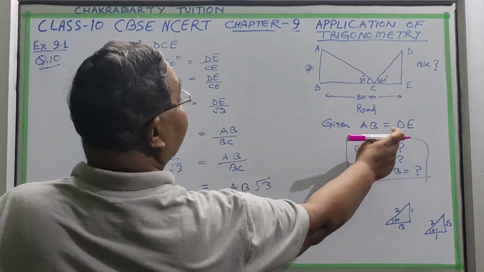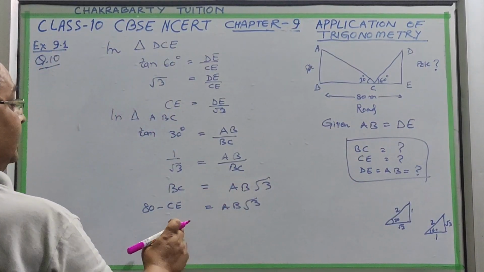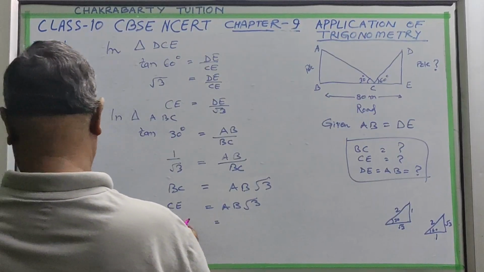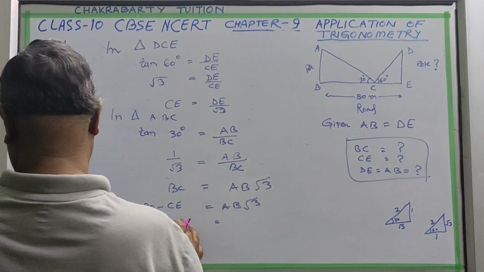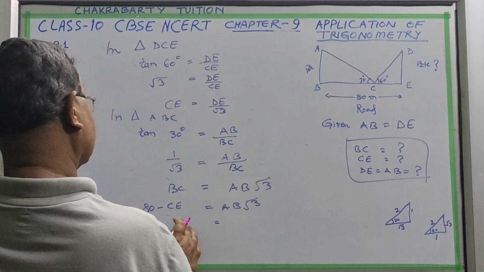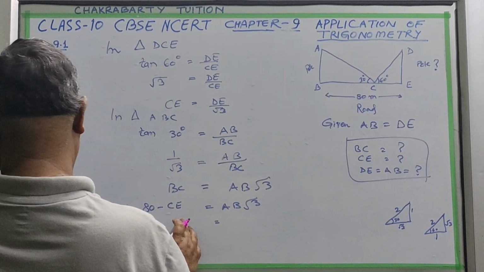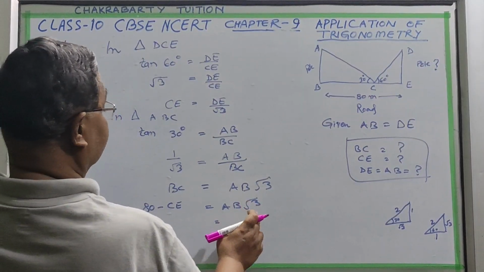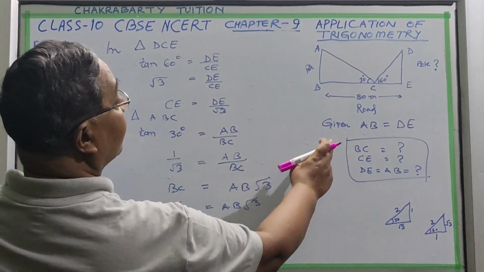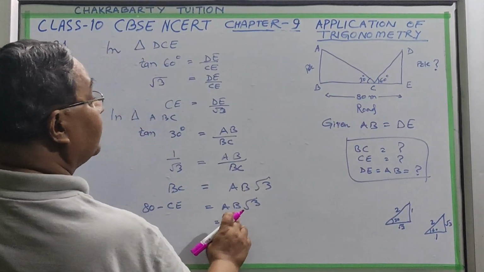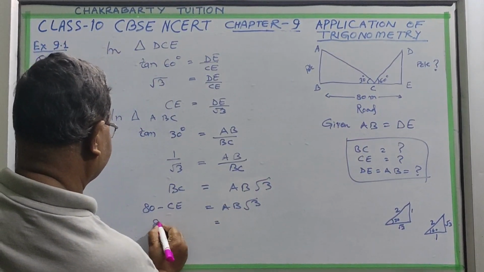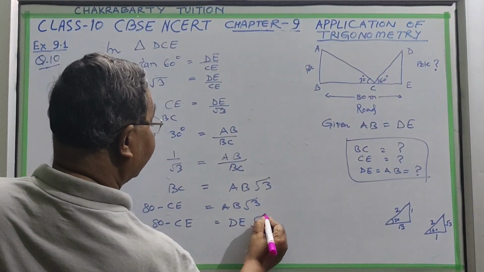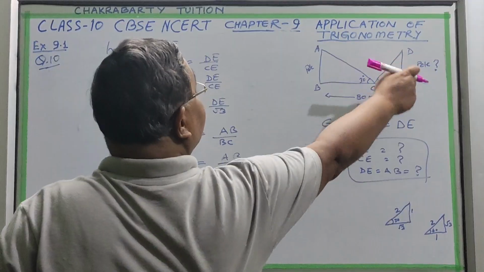And AB is equal to D. So here we can put the D. So 80 minus CE is equal to D under root 3. D means pole height.